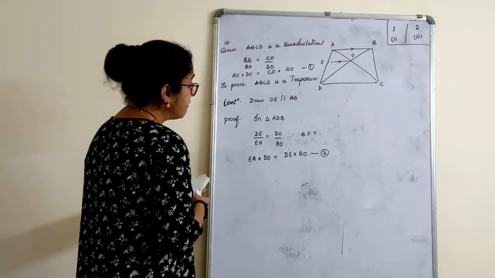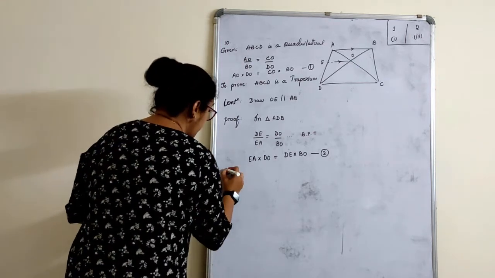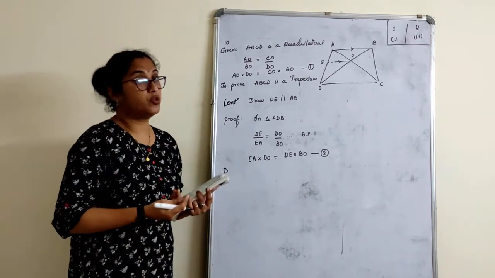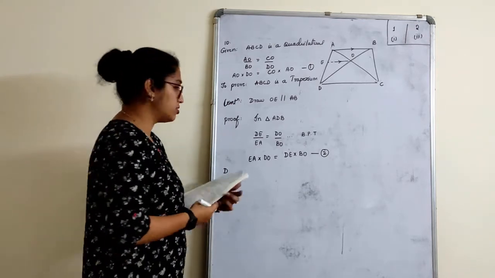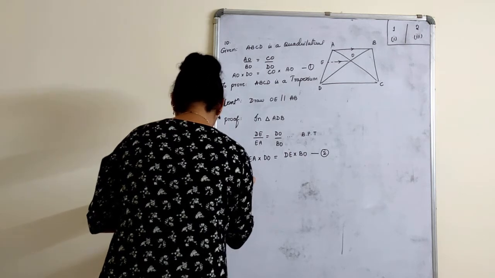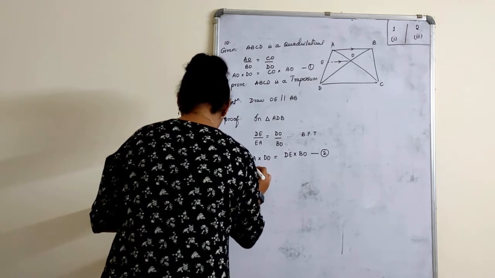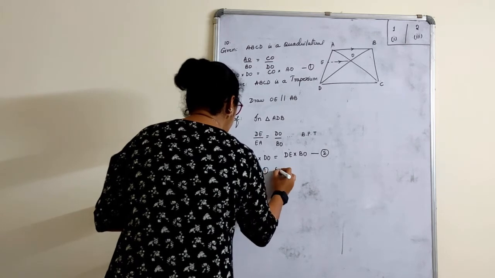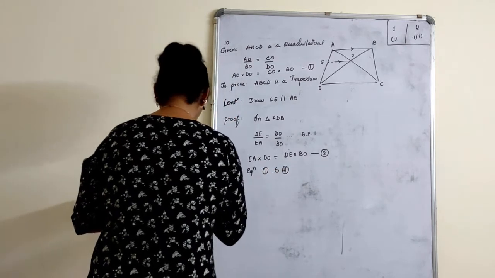So let us divide the equations. Now, why do we have to divide? How do we come to know we have to divide? It's again by practice. You will know that. Divide equations 1 and 2.